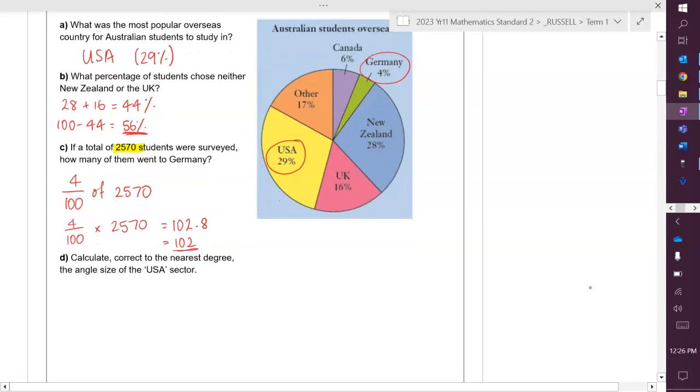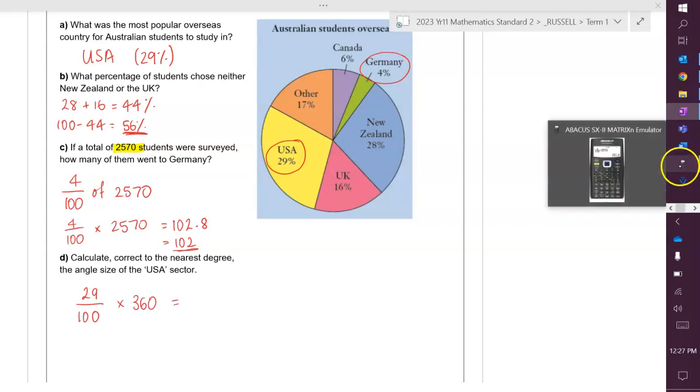The last question is to calculate, correct to the nearest degree, the angle size of the USA sector. If we're looking at the USA, that's 29%. Again, we think of 29 as a fraction, 29 out of 100. Then we need to remember how many degrees there are in a circle, and that would be 360.